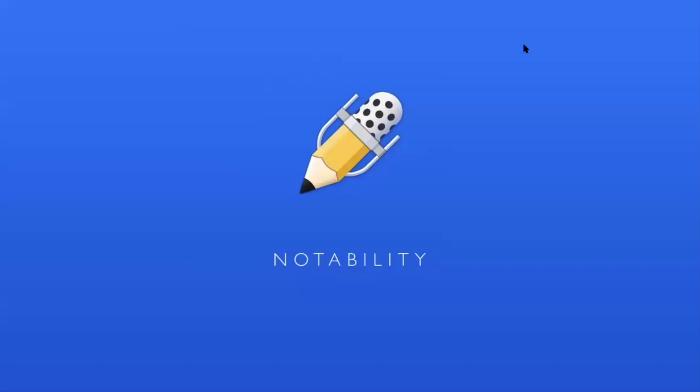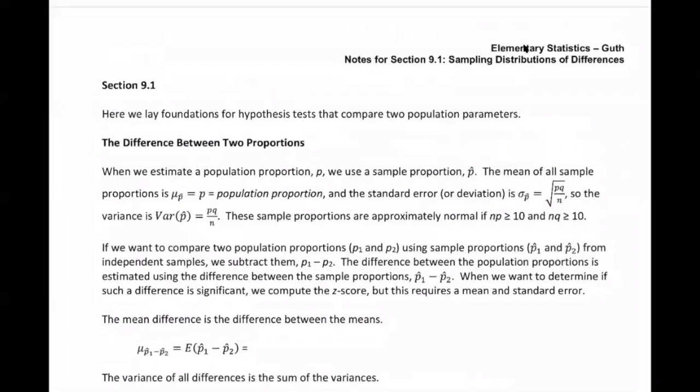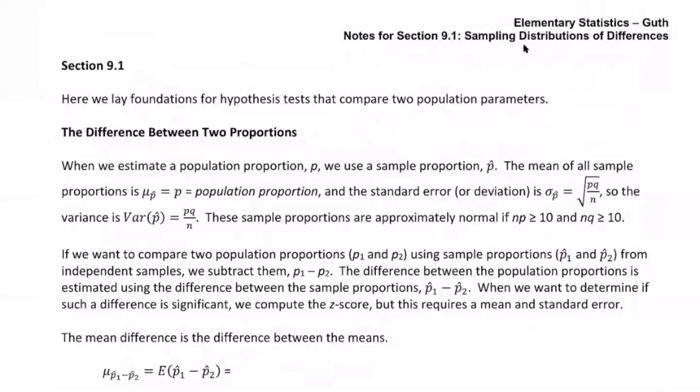So we're going into chapter 9 now. I hope you were able to print the notes if you're writing on paper. Let me remind you of the basic rules we were just looking at: the expected value of X minus Y is the expected value of X minus the expected value of Y. So the mean of differences is the difference of the means.